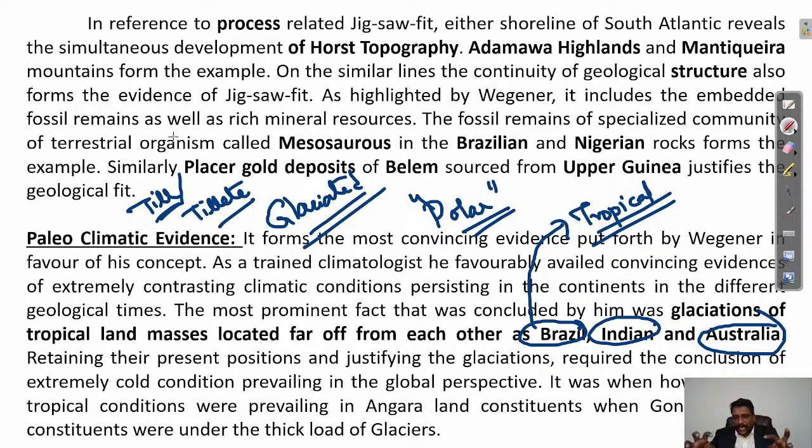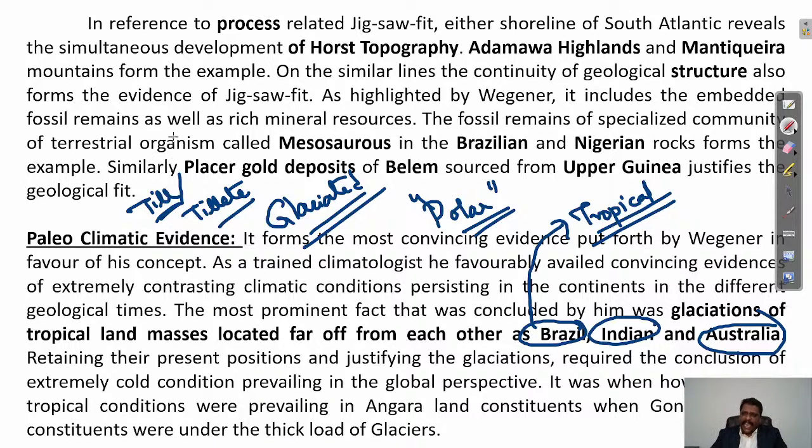If I take both conditions together, the only convincing evidence is the movement of the continents. India, Australia, and Brazil would have been in the polar region and drifted to the tropical region. The Siberian region in the geological past would have been in the tropical region, and now it is confined to the taiga and tundra belt. That's the larger idea.